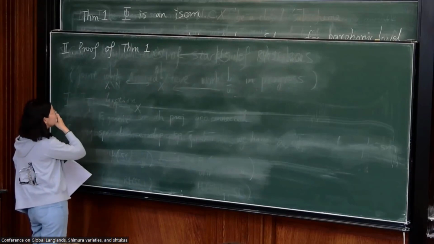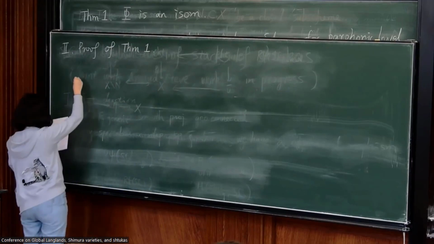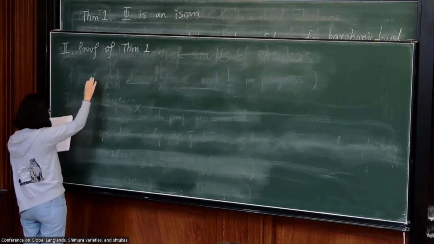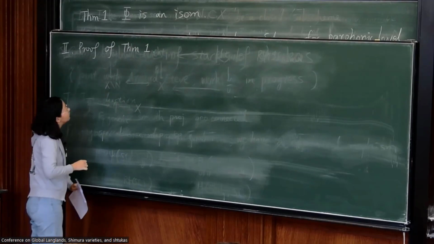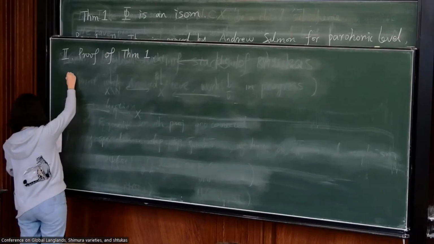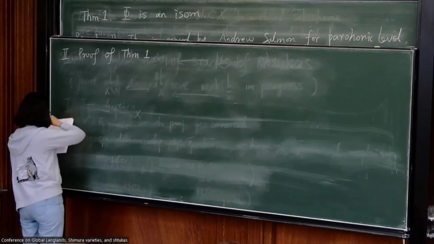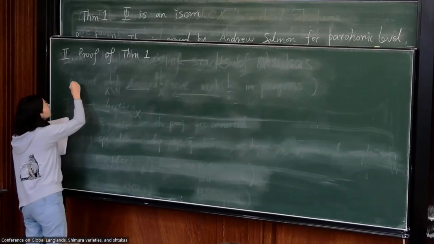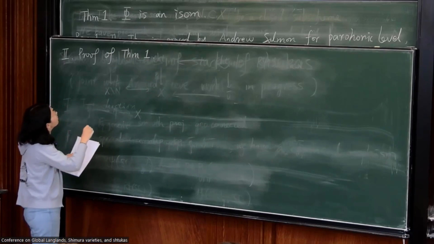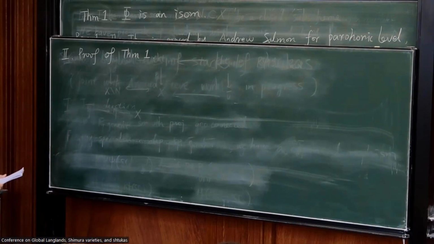So our strategy is to construct an inverse of the map phi.